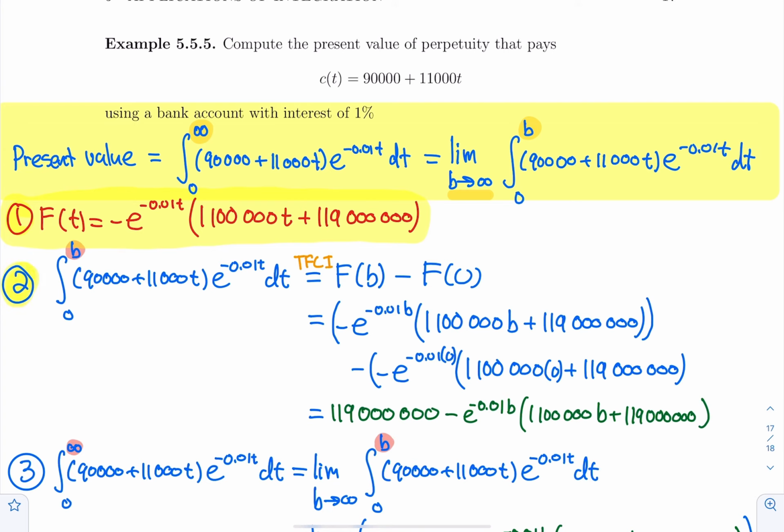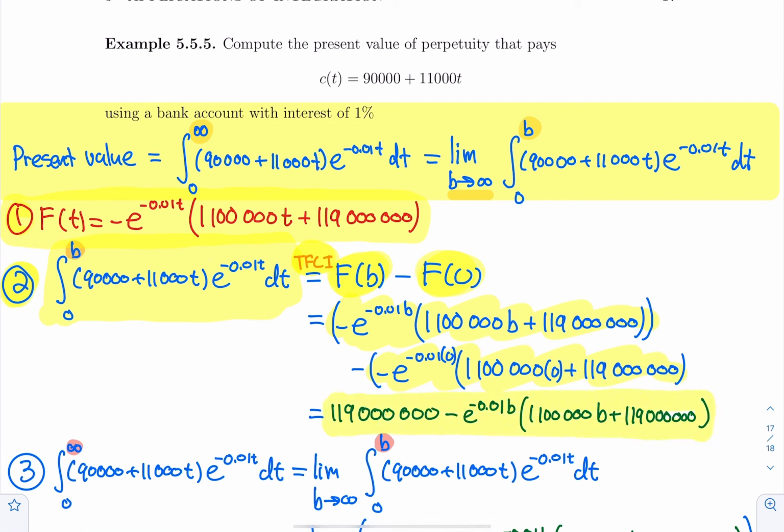The second step is to compute the definite integral between 0 and b of 90,000 plus 11,000 t times e to the power of minus 0.01 t dt. By the first fundamental theorem of calculus, it's just F at the upper bound b minus F at the lower bound 0.